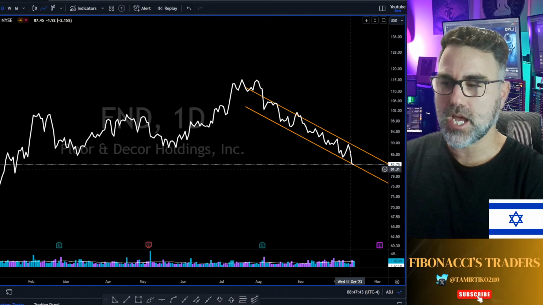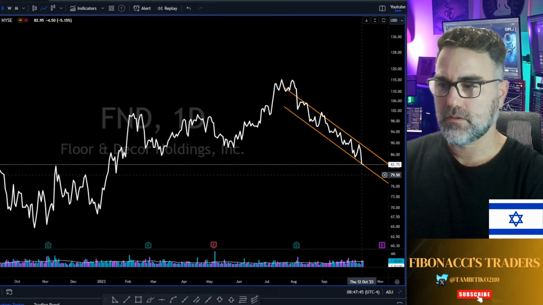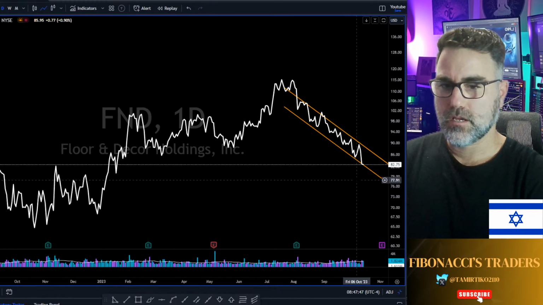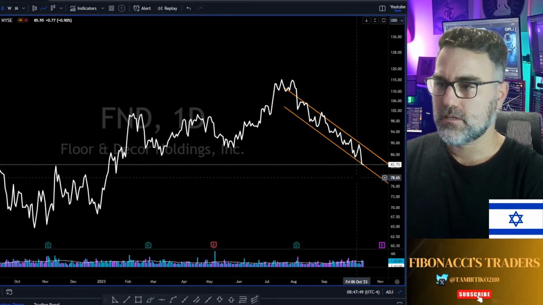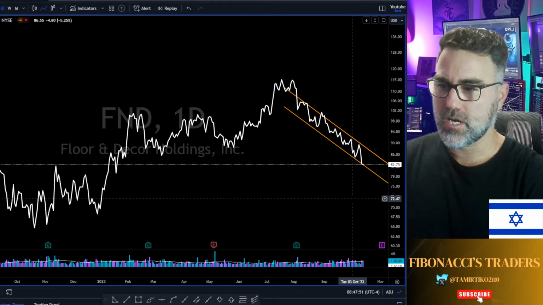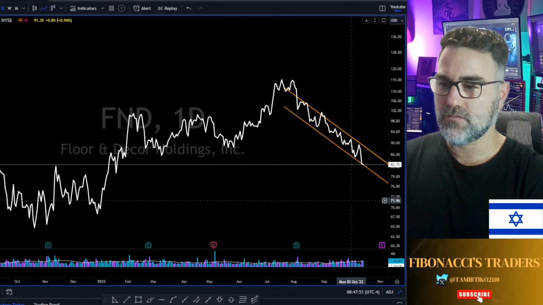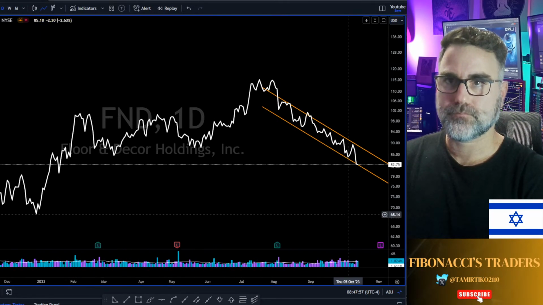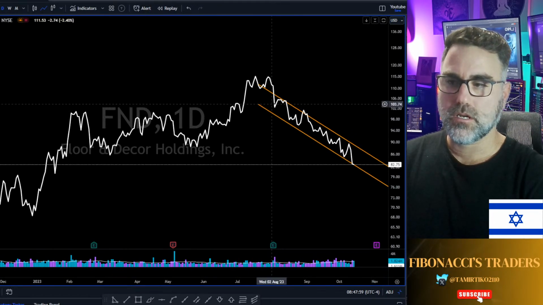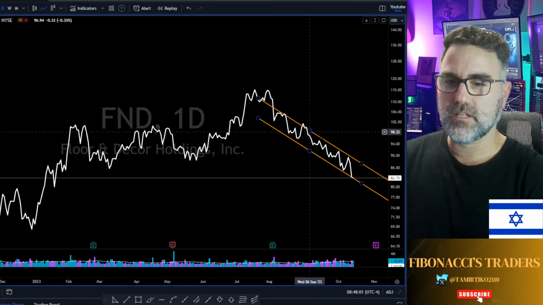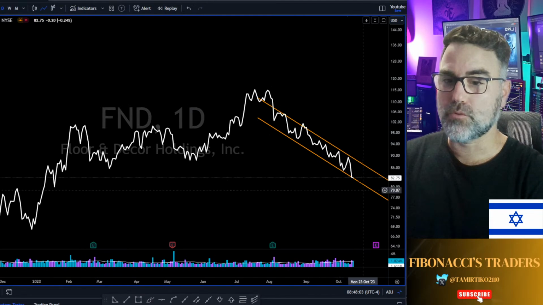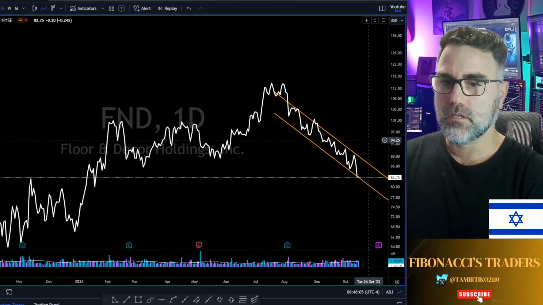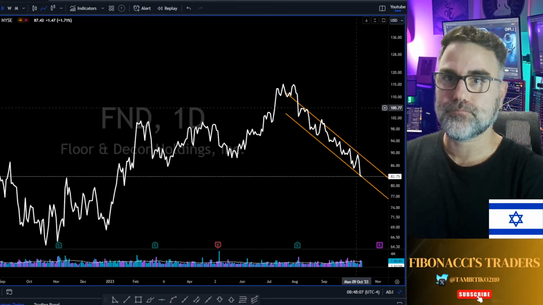Breaking below this channel. Look left. 77, 78 area. Below it. 75, 71, 68. So as long as F&D price is inside this channel or breaking below it, it's short time.